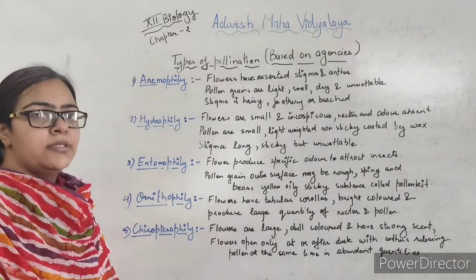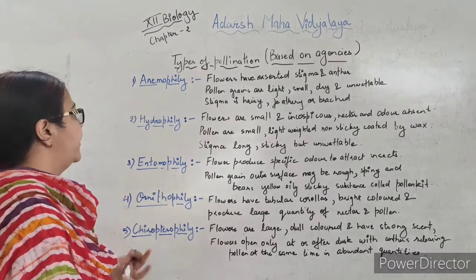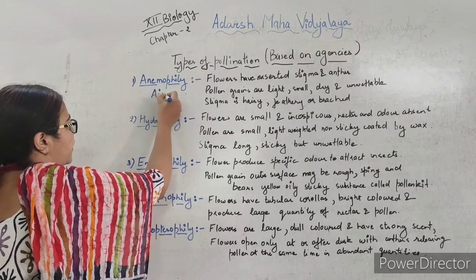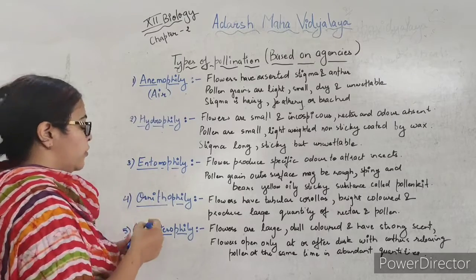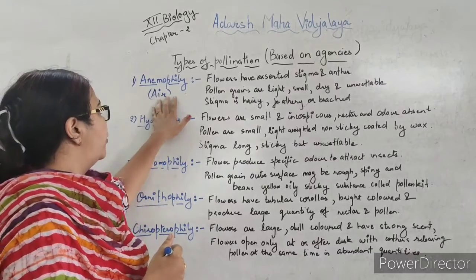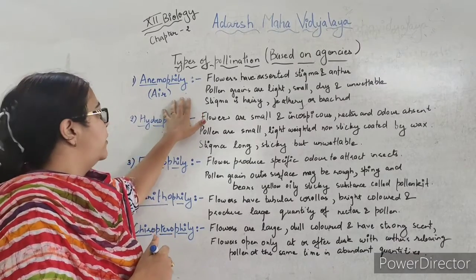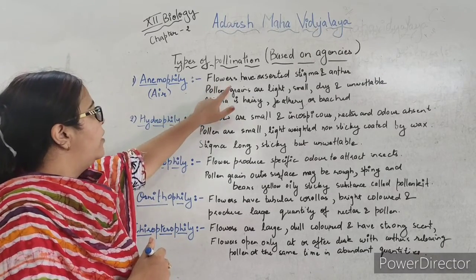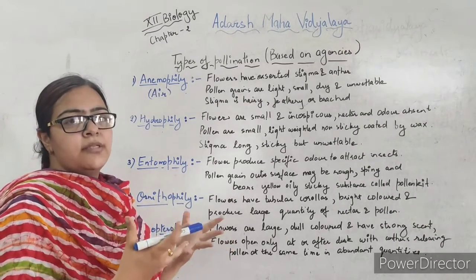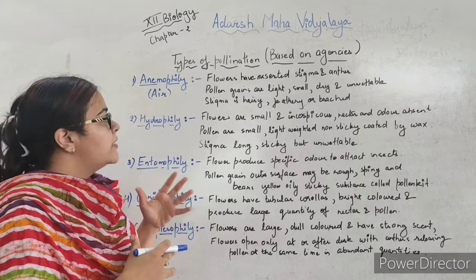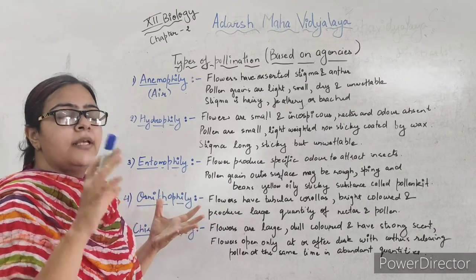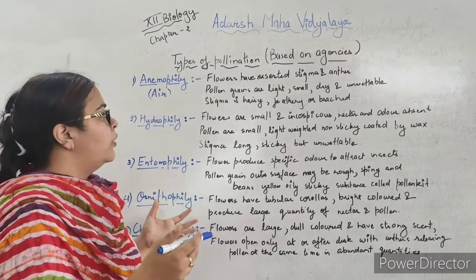Now the first one is anemophily, and the pollinating agent here is air. So there are some characteristics of the flowers, pollen and stigma which are necessary for the pollinating agent to work. The flowers have exserted stigma and anther, that is, the stigma and anther will be seen from a long distance so that they can easily grab the pollen.